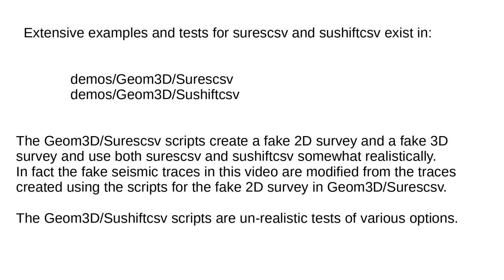In fact, the fake seismic traces in this video are modified from the traces created using the scripts for the fake 2D survey in Geom3D SU-res-CSV. The Geom3D SU-shift-CSV scripts are unrealistic tests of various options.